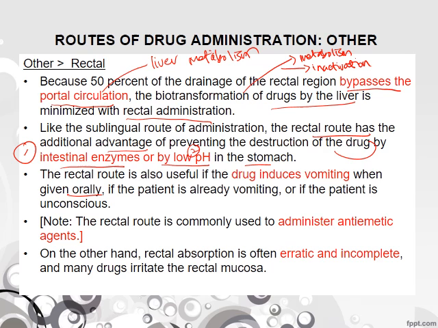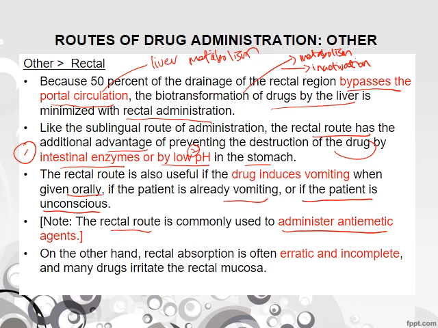If the patient is already vomiting, any drug you give will be vomited out, so the drug becomes inactive. In this case you can choose the rectal route, or it can also be used for a patient who is unconscious. The rectal route is commonly used to administer antiemetic drugs.